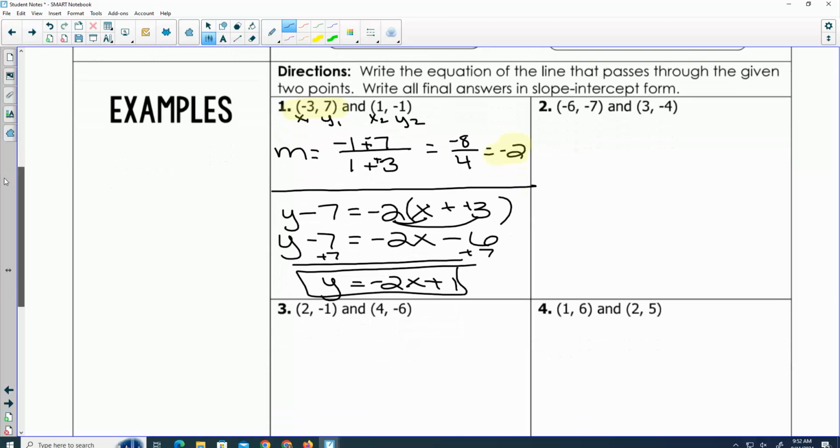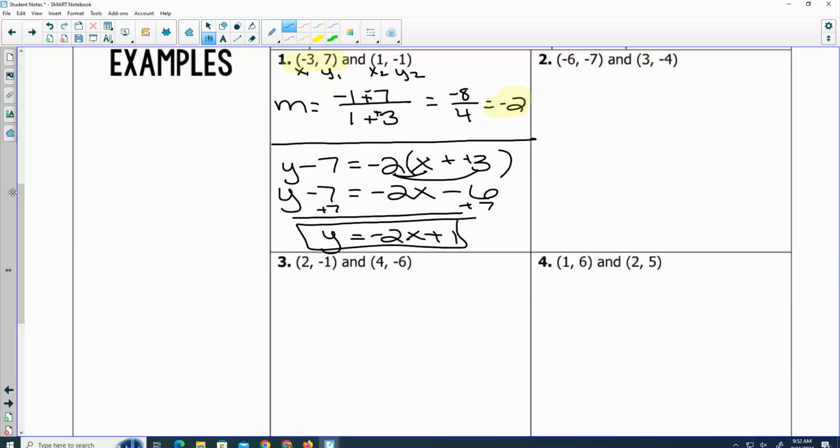Number 3. So first we need our slope. This is x1, y1, x2, y2. So slope, y2 is -6 minus y1 is -1.